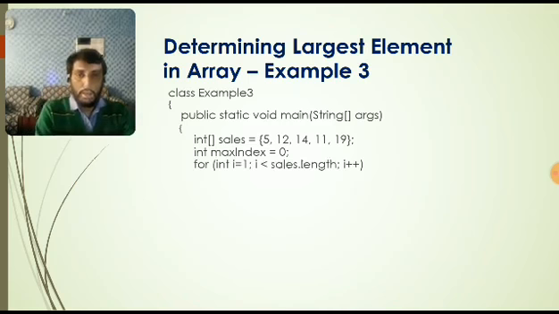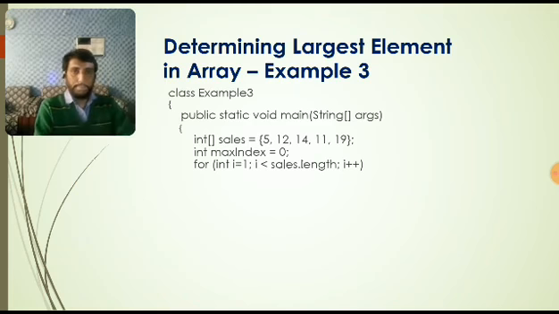i should be 1, and then it will run till the length of the array. So the loop will run like this: i less than cells.length. Whatever data are kept in cells will be counted with the help of length. Length is the key, and through it they will be counted, and then i++.